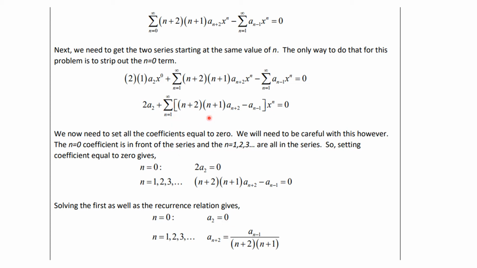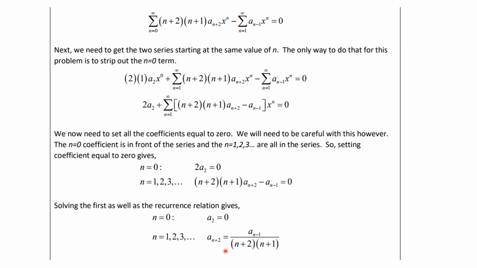But for the others we will have this recursion relationship, and that's going to be equal to 0 for n equal 1, 2, 3, and so on. And I will solve this recursion relationship for a sub n plus 2. And that's what we have.